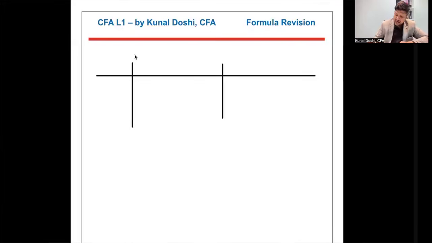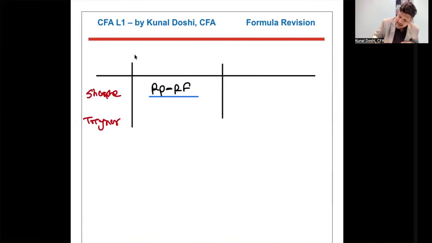Are these both absolute or relative? Let me know. Remember, the Sharpe ratio is portfolio return minus the risk-free rate over the standard deviation of the portfolio or security, whatever it is.